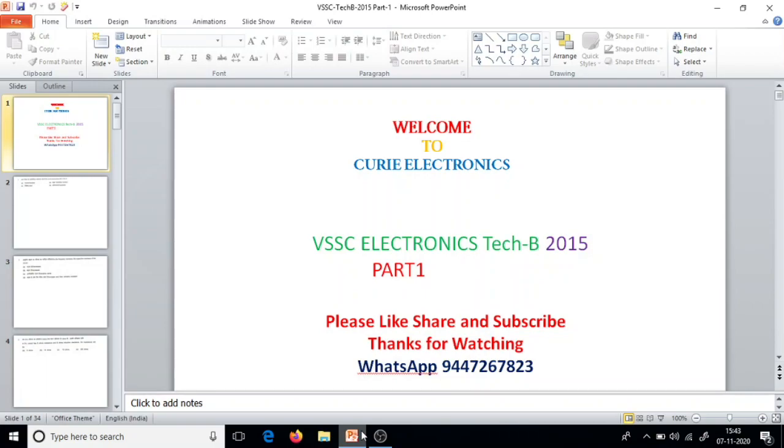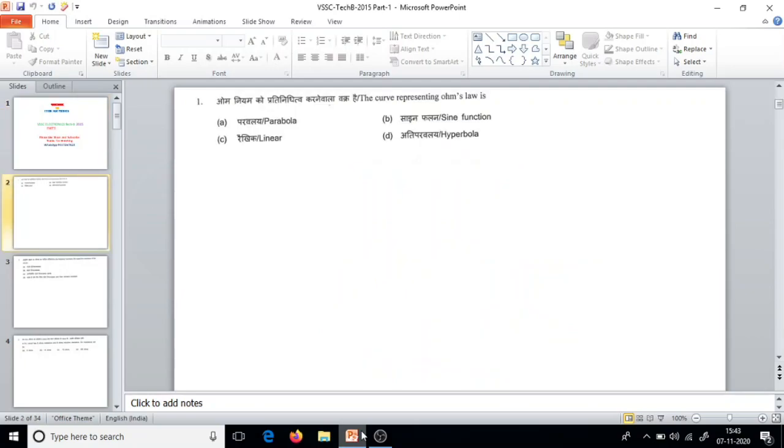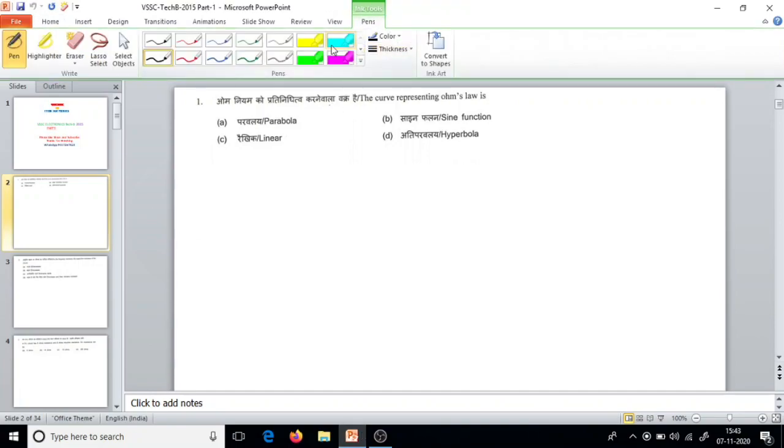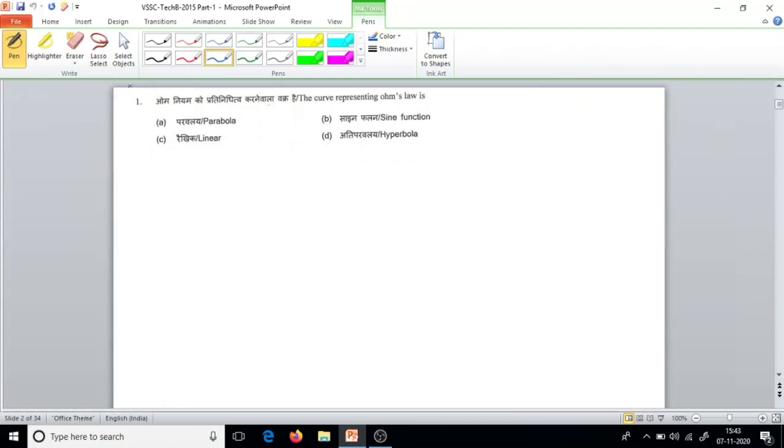So let's start. The first question: the curve representing Ohm's law is. What is Ohm's law? Ohm's law says voltage is directly proportional to current.